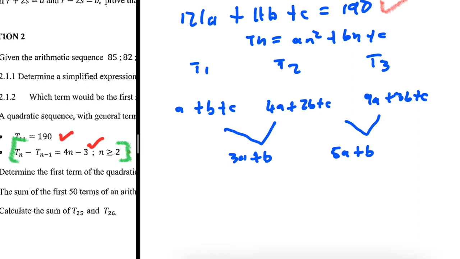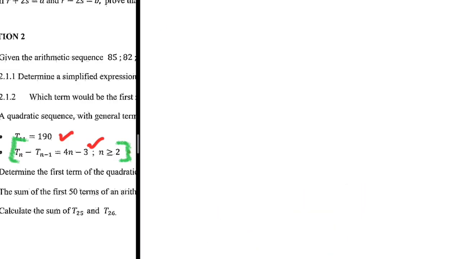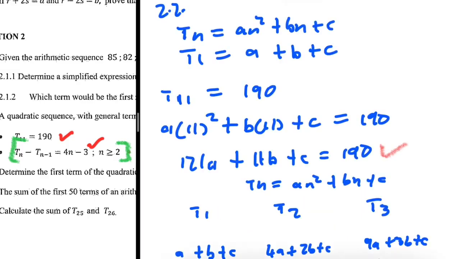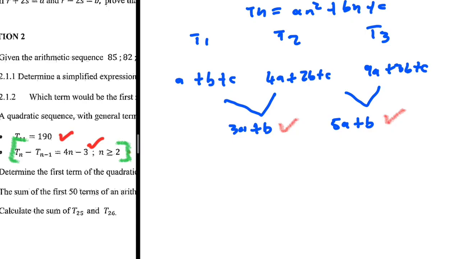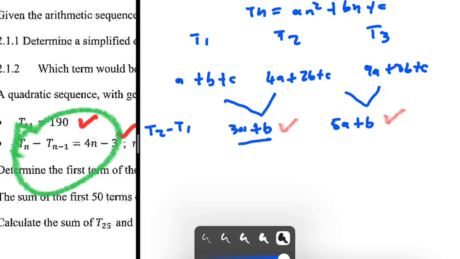But there's something special about these. I just made a mistake there. Let me go back there. Yeah, this right here, 3a plus b, this is T2 minus T1 of the quadratic sequence, right? And what do we have here on the left hand side? We know that Tn minus Tn minus 1 is equal to 4n minus 3.